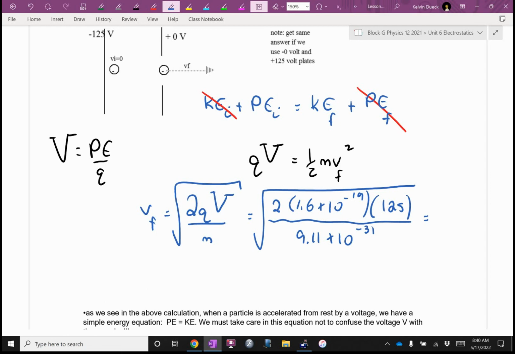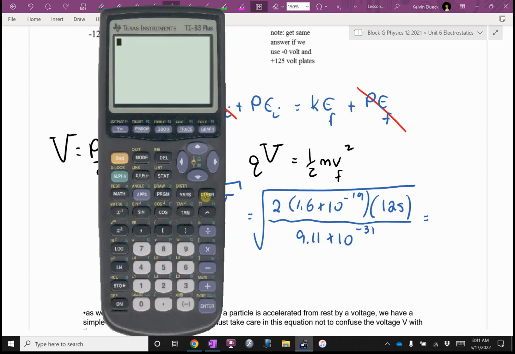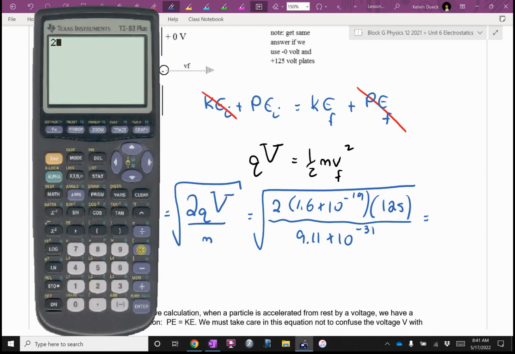What do you get? By the way, I like this question. It's worth also practicing typing it on your calculator because there's lots of scientific notation and square roots and things. .63 times 10 to the 6th, if you go scientific notation, sure.